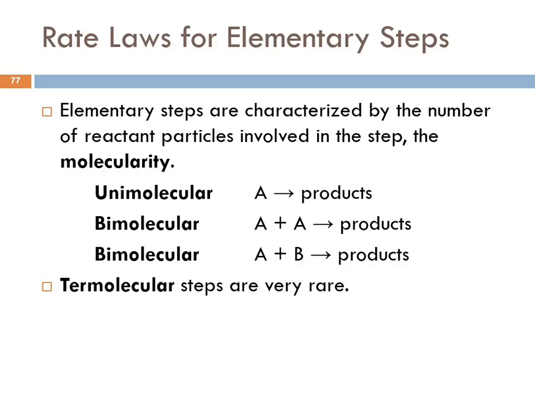Three. These are very rare, though, because you have to have a simultaneous collision of three particles with enough energy and the correct orientation. Does that seem like a real high probability event? No, not so much. They do happen, but they're rare. So we will mostly see unimolecular and bimolecular elementary steps in these mechanisms.